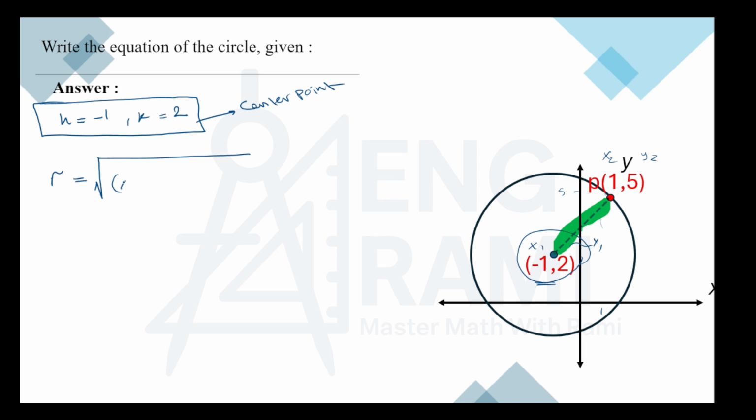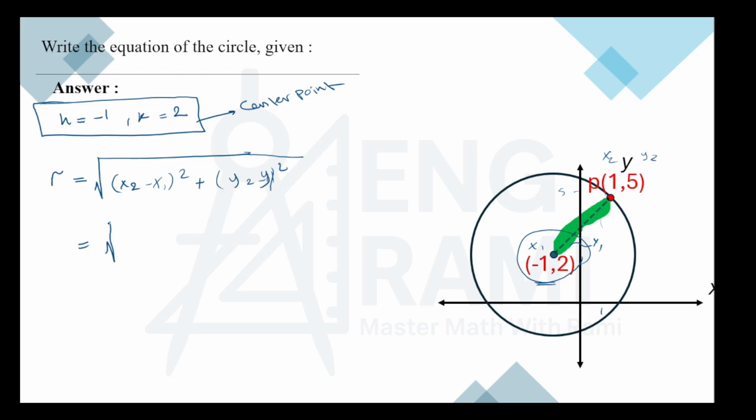The radius equals x2 minus x1 squared plus y2 minus y1 all squared, and don't forget to extend the square root.